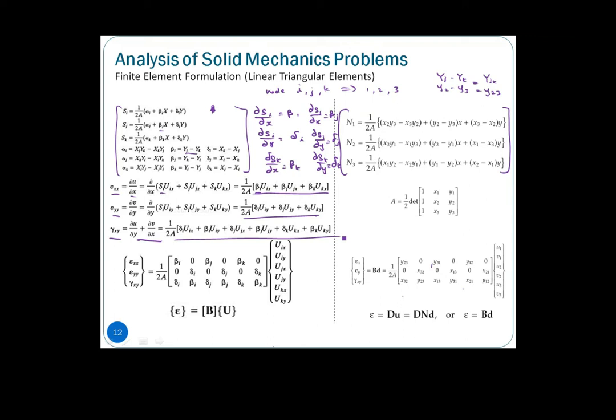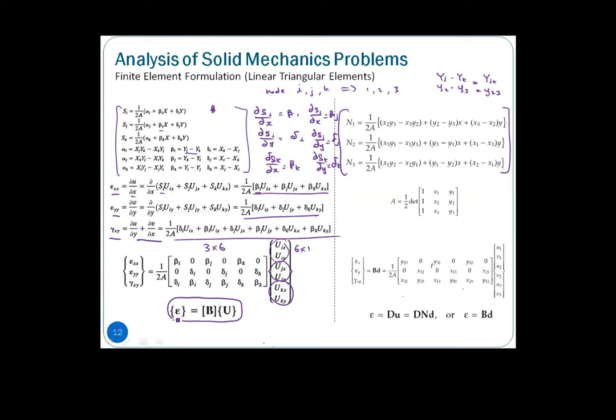In terms of matrix form, our normal strain x, normal strain y, and shearing strain xy can be represented as a 3 times 6 matrix and a 6 times 1 vector, which covers node 1, node 2, and node 3 in terms of x and y. So you can represent this as epsilon equals B u itself.